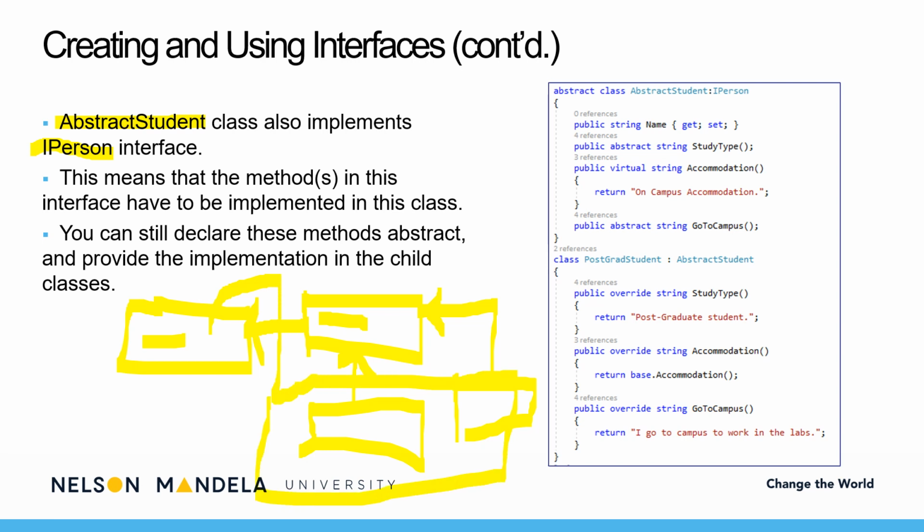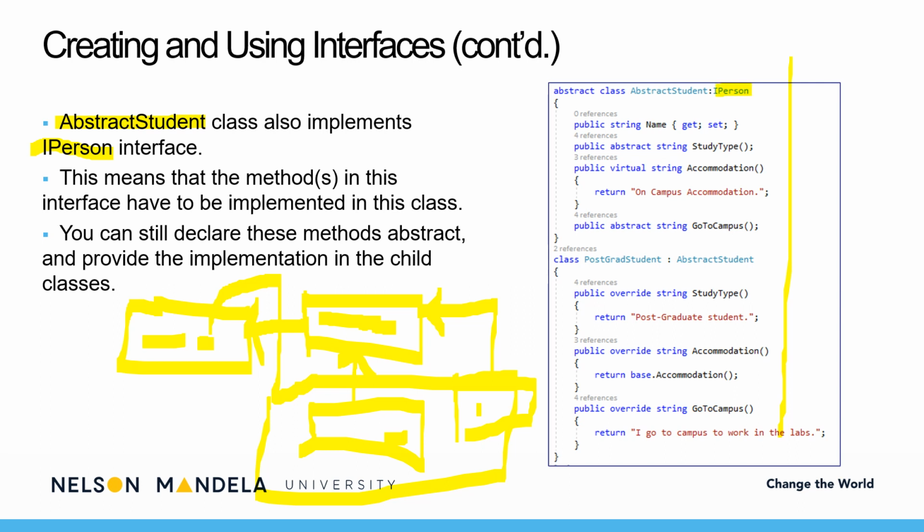Okay, that is now your inheritance chaining. So these two classes do not need to inherit directly from the IPerson interface as long as they inherit from the abstract student class. Okay, and now let us look at this program over here. So what was the method?